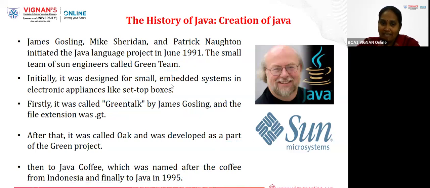So the development of Java started in 1991. Initially it was called Green Talk, then Oak, then Java Coffee, and later it was named Java in 1995, right?